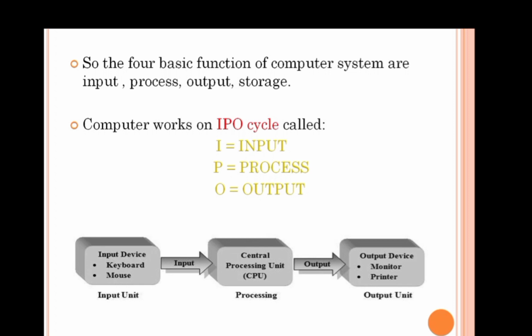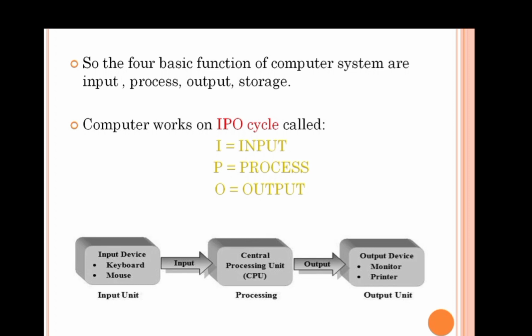Process can be done by using the processor, that is the CPU. Basically, it's the operation that can be performed over the data or the input instructions. Output means after the processing on the data, the desired result we get is called the output or the information. Storage means to save the data for future use.